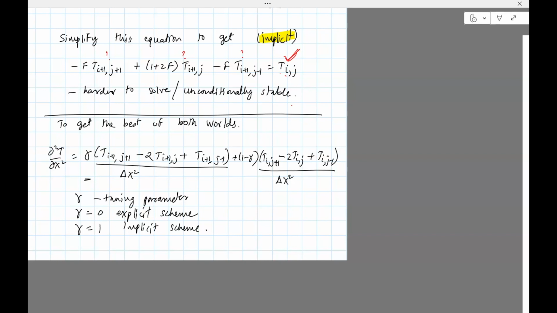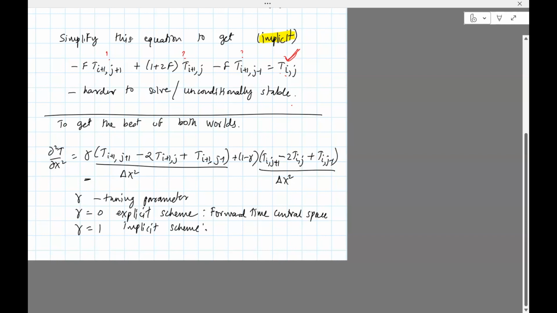This explicit scheme is known as FTCS. FTCS means forward time central space. This scheme, which is purely implicit, has a name.